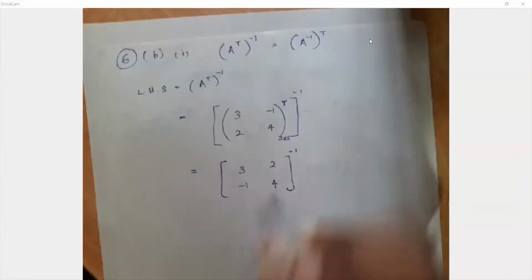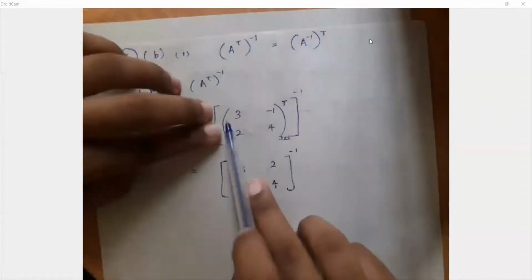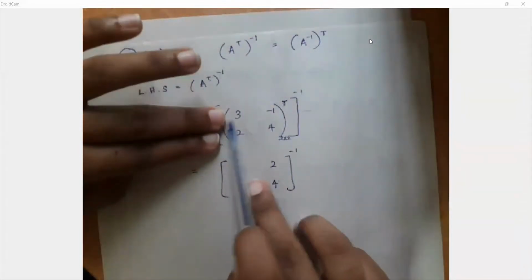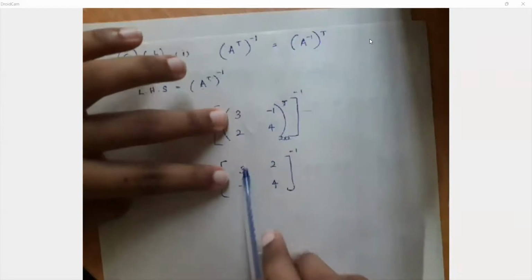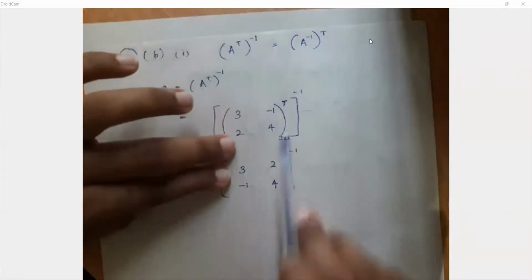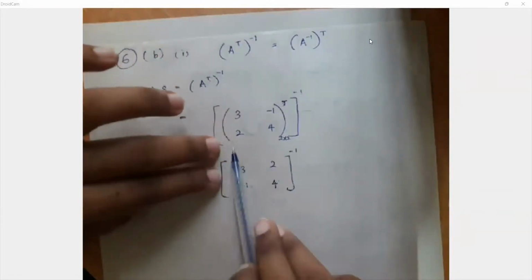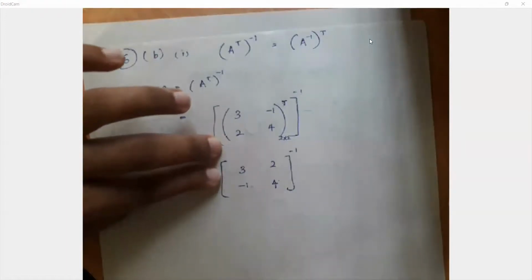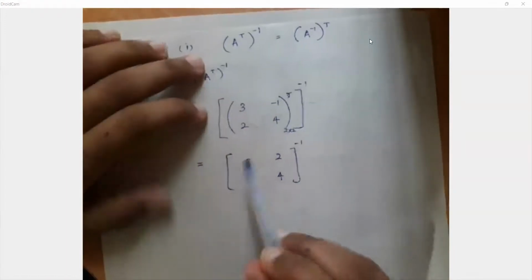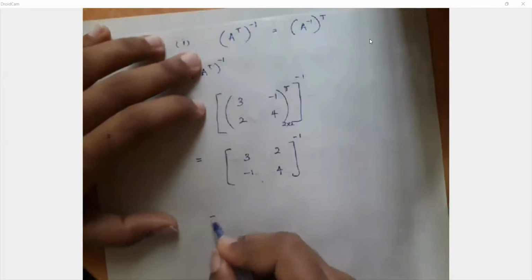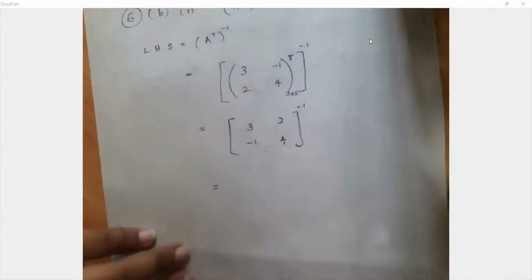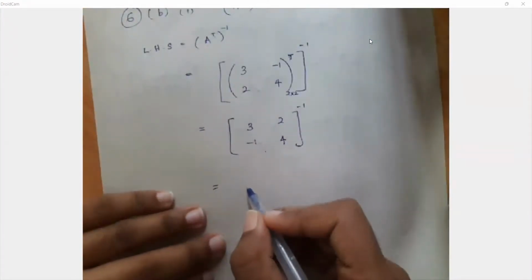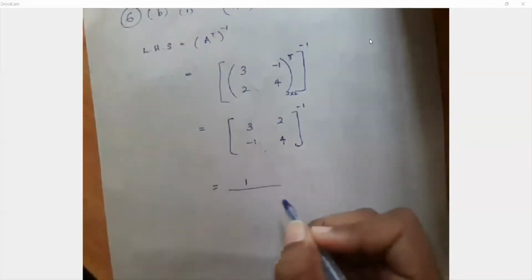Very good. 3, minus 1: we took the first row and put it as a column. Next row, the next column. If you have another row, you put it as another column. Okay. Now this is the transpose. Now can someone tell me the inverse? How to find it? 1 over what?